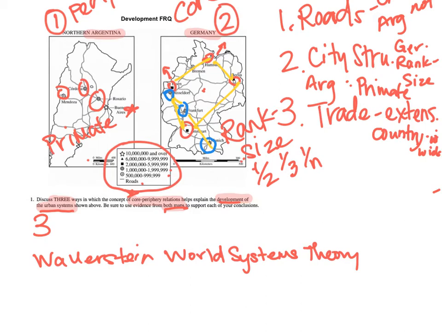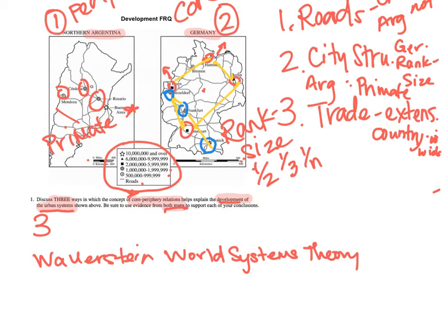If I look over here in Argentina, I'll notice that the way the cities are set up, they all almost lend themselves towards the progression into Buenos Aires. The only city in Argentina on this map that's actually on a coast is Buenos Aires. Buenos Aires is a huge port city.